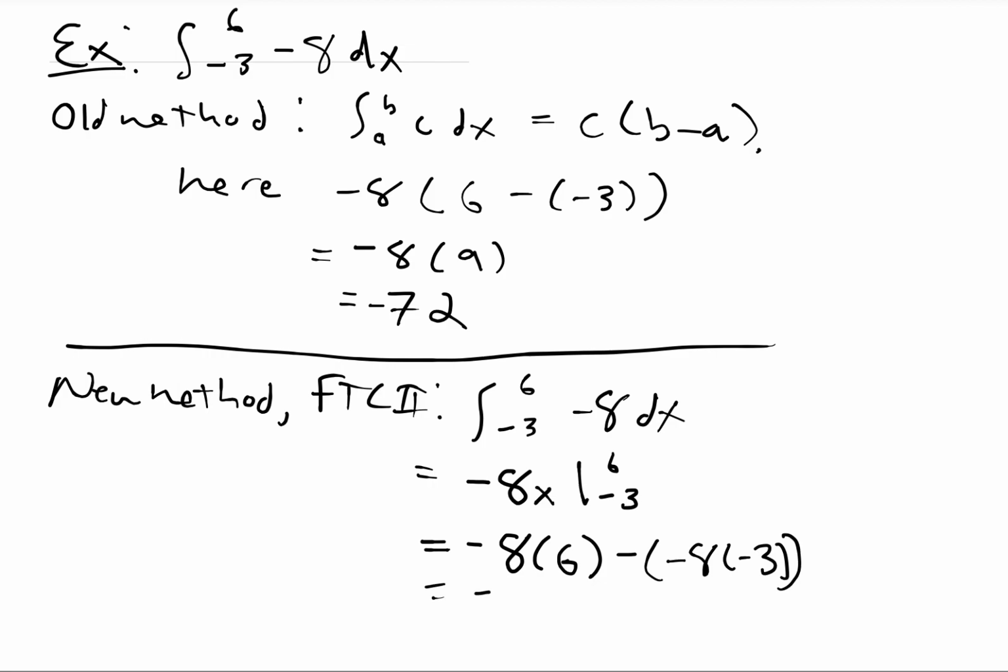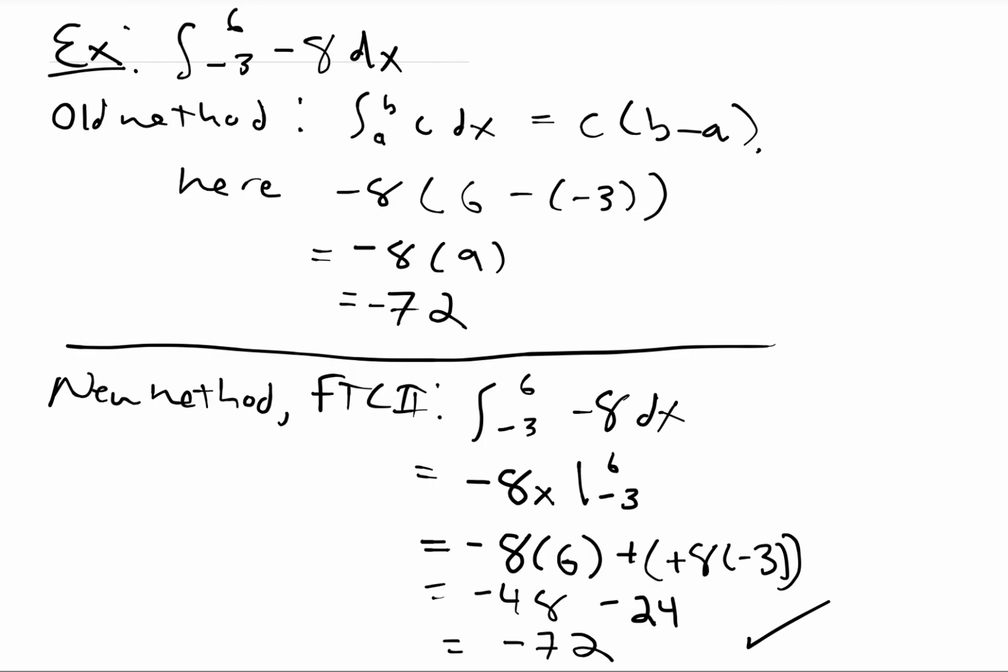If I clean this up, this is minus 48. There's a lot of signs here, but at least two of them cancel. Minus 48 minus 24, and if I clean that up, we get the same exact result of minus 72. So this does match up with our old methods, and it gives us reasonable answers here.